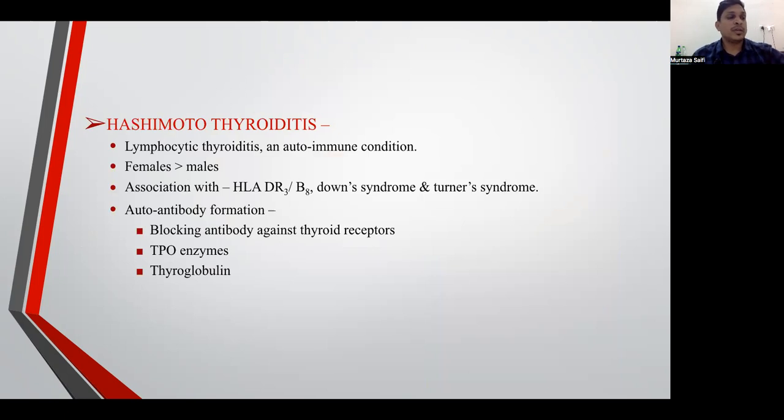Now there is Hashimoto's thyroiditis. It is lymphocytic thyroiditis, an autoimmune condition, more in females than in males. Then association with HLA DR3, B8, Down syndrome and Turner syndrome. Then autoimmune antibody formation, blocking antibody against thyroid receptor, then TPO enzyme and thyroglobulin.